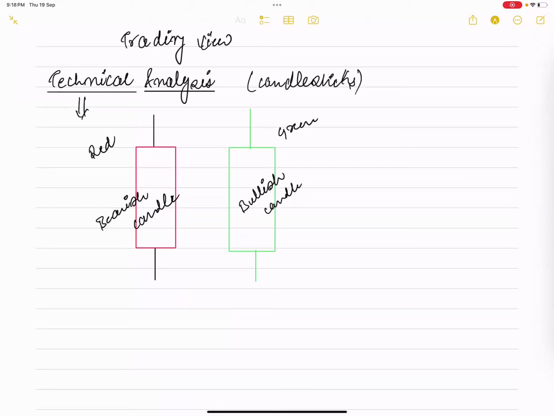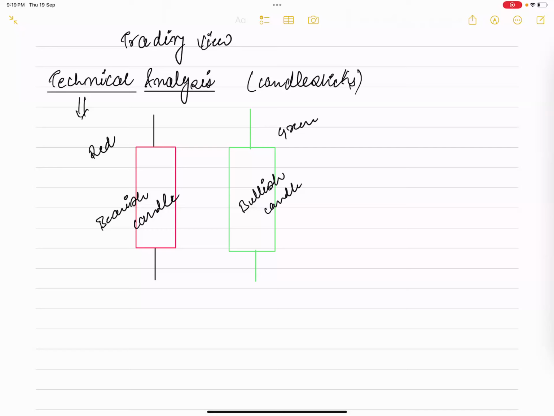If you go on TradingView, there are line charts also, but the simplest form of charting tool is the candlestick pattern, so that only we'll be using. That's the most important thing. In fact, not just me, everybody who uses technical analysis, that's the most common form of charting tool used worldwide amongst traders.